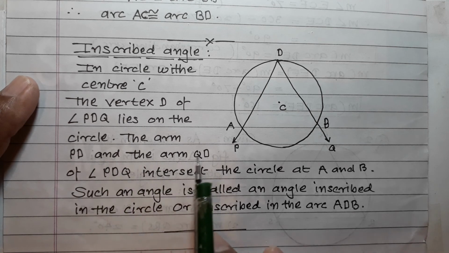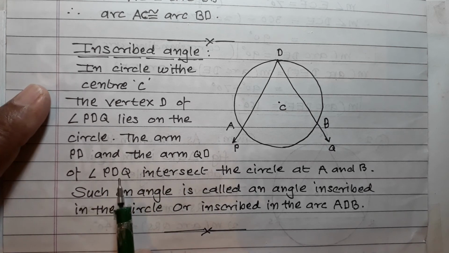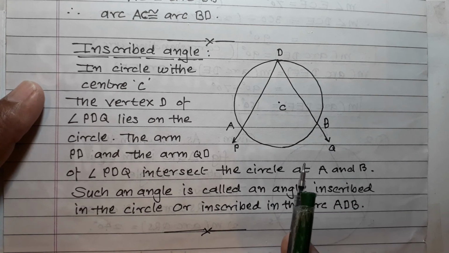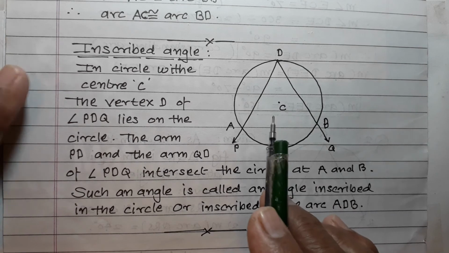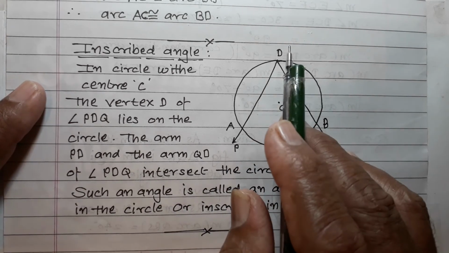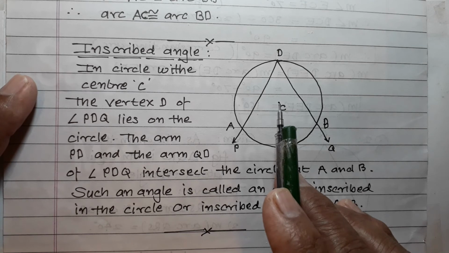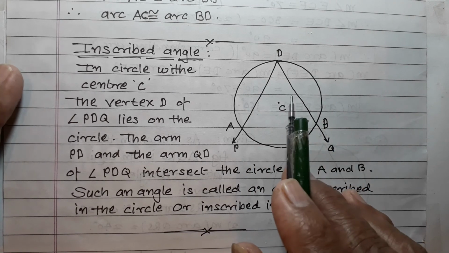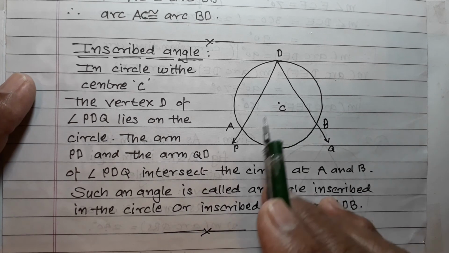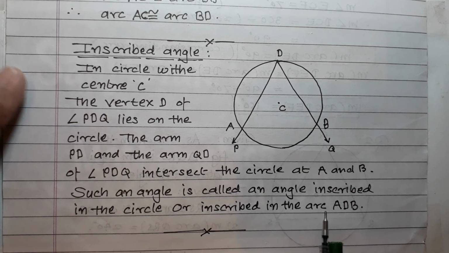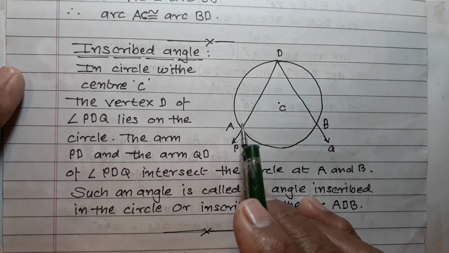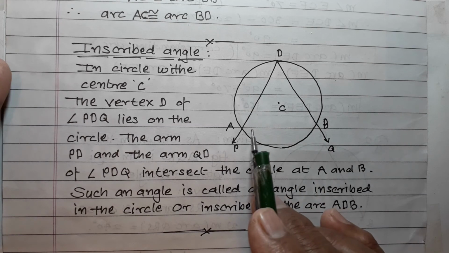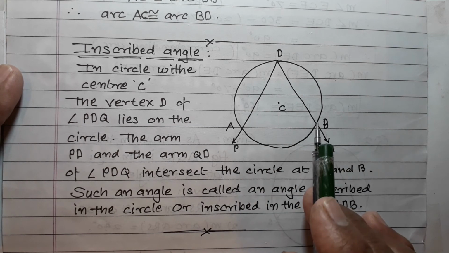So if the arms PD and QD of angle PDQ intersect the circle at A and B, then such an angle is called an angle inscribed in the circle with center C. So this is the inscribed angle in the circle, okay, inscribed in the arc ADB. Arc ADB means these are the two end points of this arc, okay.